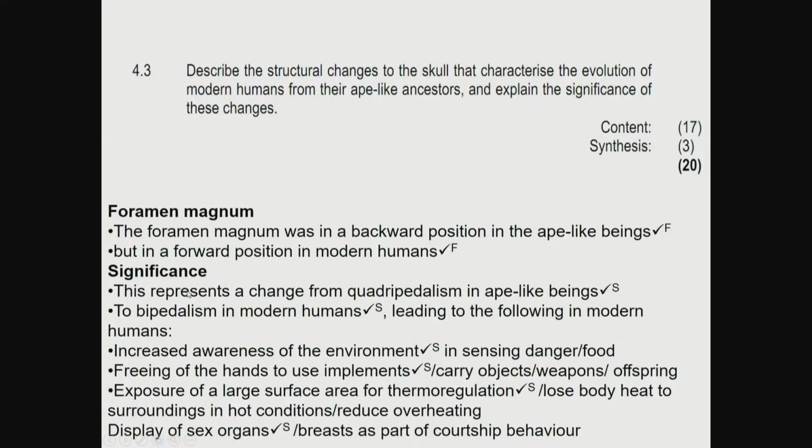So the significance is increased awareness of the environment, freeing of the hands to use implements, exposure of a large surface area for thermoregulation, and display of sex organs. That is everything on the significance of the foramen magnum, the benefits of it moving more forward.